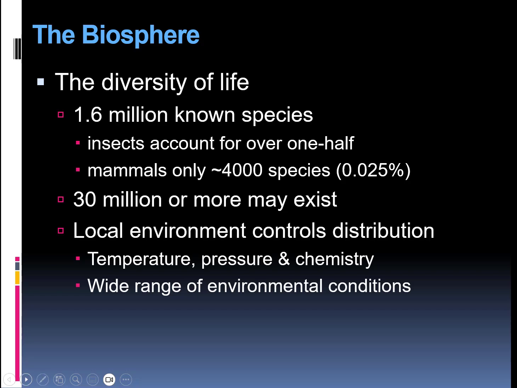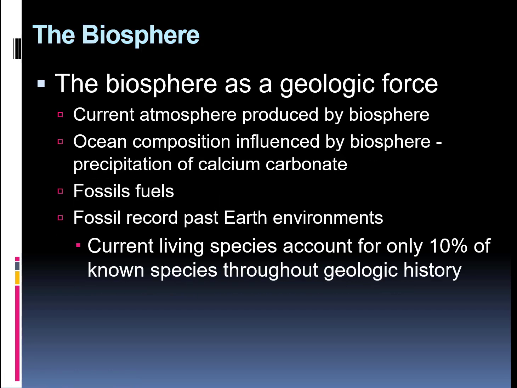microorganisms, of course. Probably you haven't heard about it, but the biosphere is also a geologic force, and it's easy to understand because the current atmosphere is produced by the biosphere. Like at the beginning, we didn't have oxygen, and the microorganisms, the stromatolites, which are blue-green algae, produced the oxygen because they were photosynthesizing.